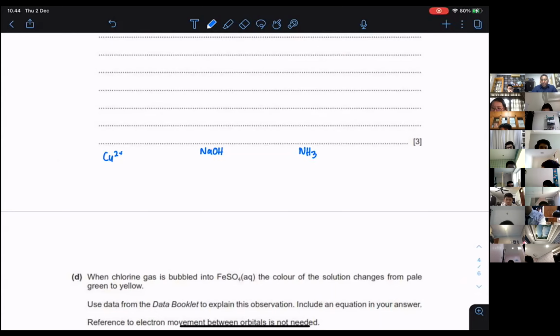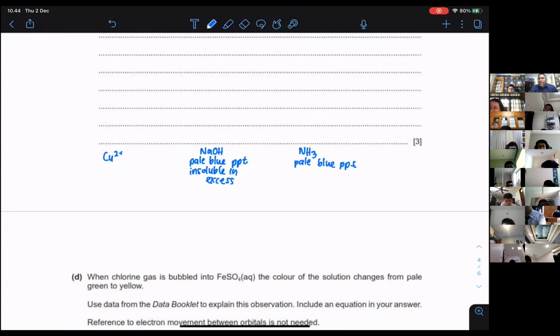If you use sodium hydroxide, when you test drop by drop, you will see a pale blue precipitate. This pale blue precipitate, when you put excess sodium hydroxide, is insoluble in excess. This one you must know. With ammonia, if you put it drop by drop, you still get a pale blue precipitate.